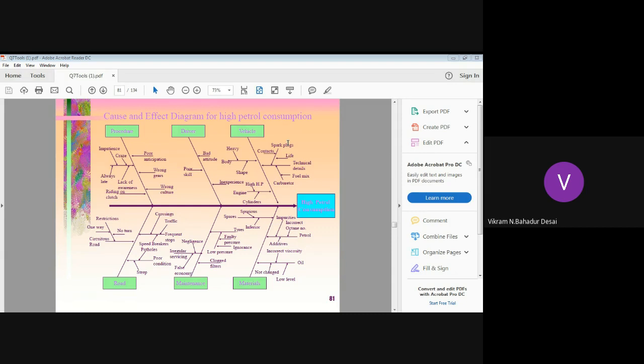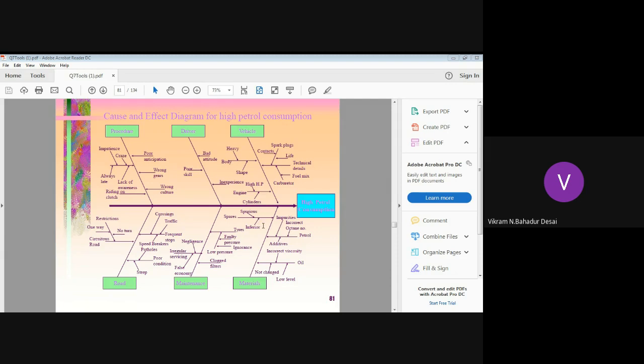You consider method, you consider man. So due to lack in man, maybe lack of training or lack of testing, he may come out with bugs in software, right? Maybe maintenance or whatever different issues, maybe human related, material related, environment related, you should be able to identify in detail. You should be able to draw this diagram.